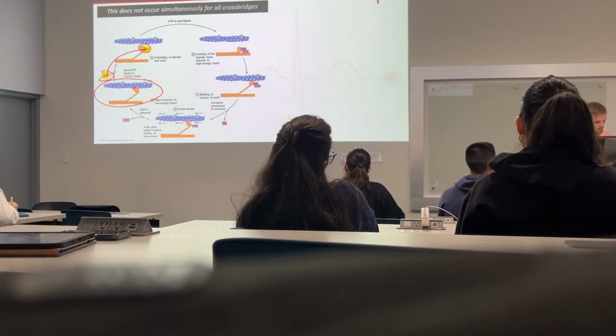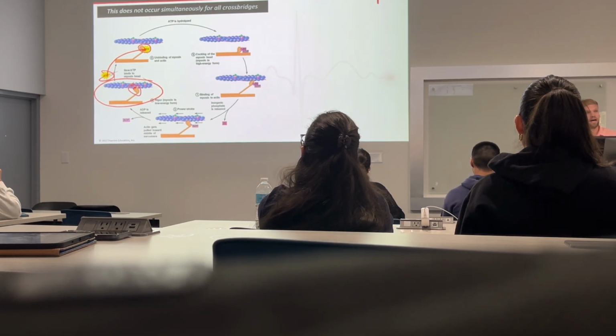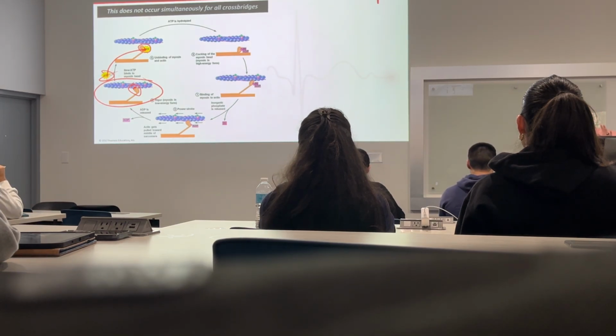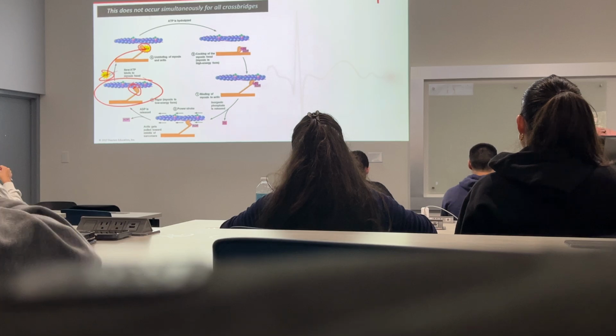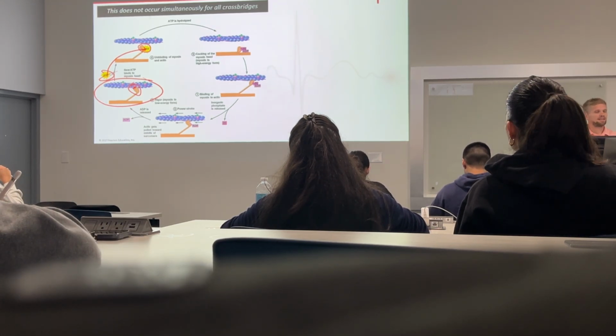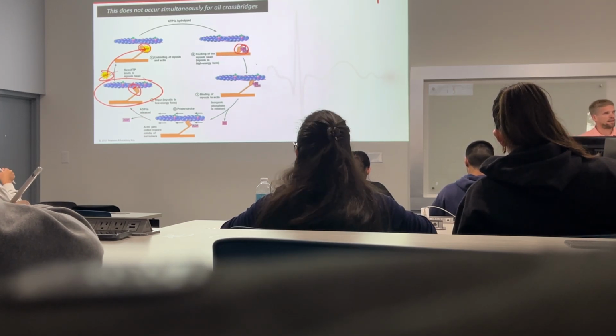Okay, so the myosin head is bound to actin, and if it wants to release from actin, it needs ATP. This is something that we know for certain. Now, as the myosin head releases from actin, it consumes the ATP. It hydrolyzes the ATP. And we say that the myosin head becomes phosphorylated.